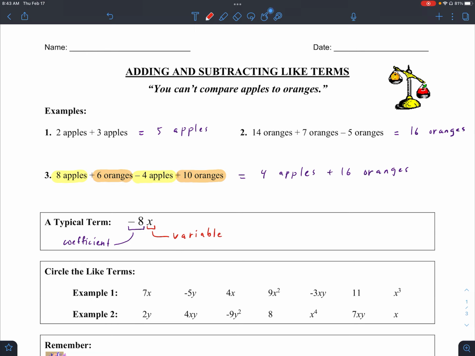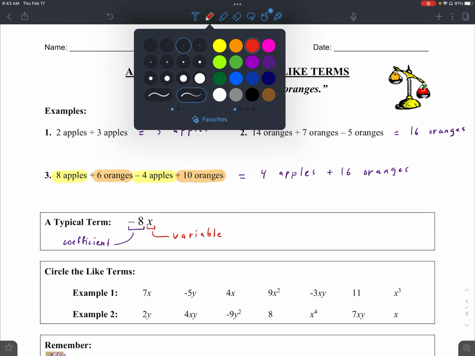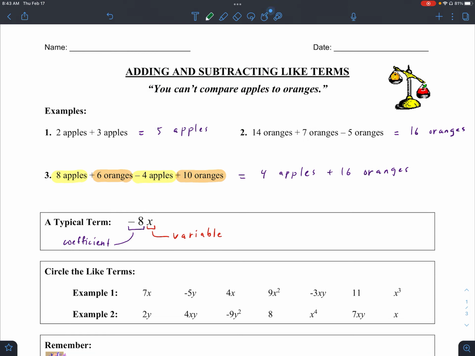Now, the whole thing together is a term. So a term has a coefficient being multiplied by a variable.